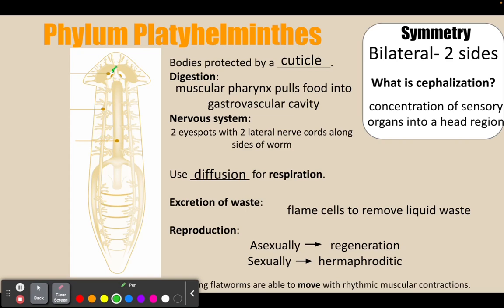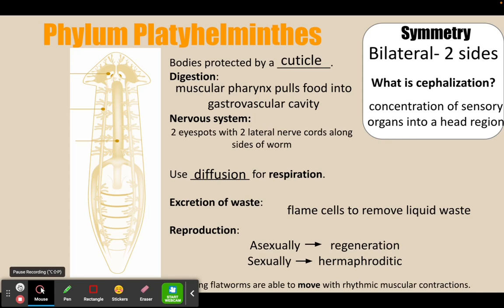So you have an eye spot here and an eye spot here. And then connected to each eye spot, you can see our lateral nerves, lateral meaning it goes down the length of the body, that go from those sensory organs down to the rest of their body. This is also something which makes them have bilateral symmetry.